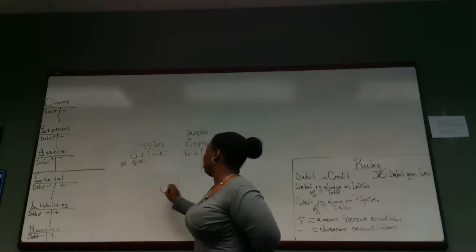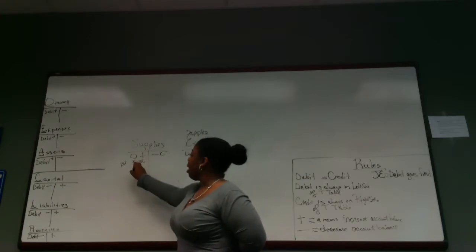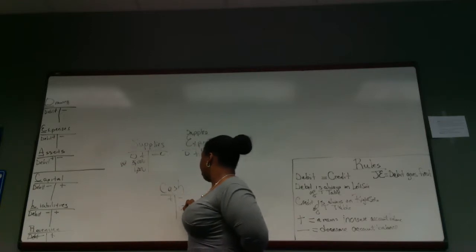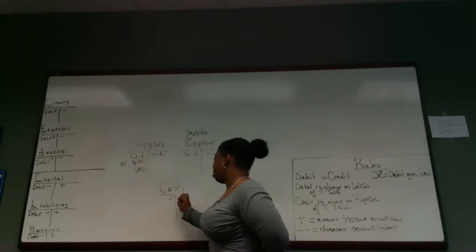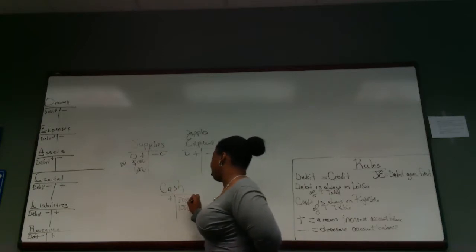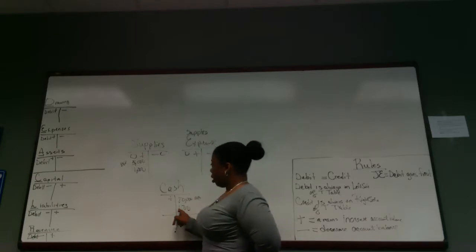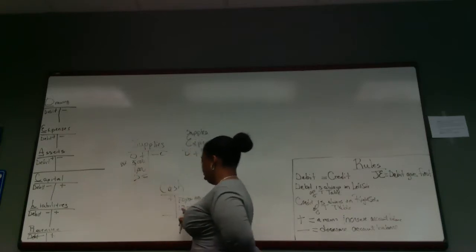If I bought more supplies, I'm going to have $1,000 on this side and $1,000 on this side because I used my cash, right, and my cash balance went down. So let's say my beginning balance of cash was $10,000. Now my balance of cash is $9,000. So my debit equals my credit, $1,000.